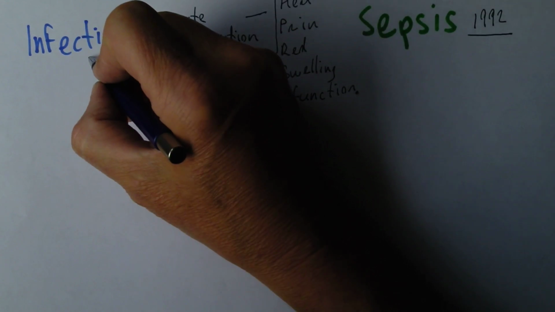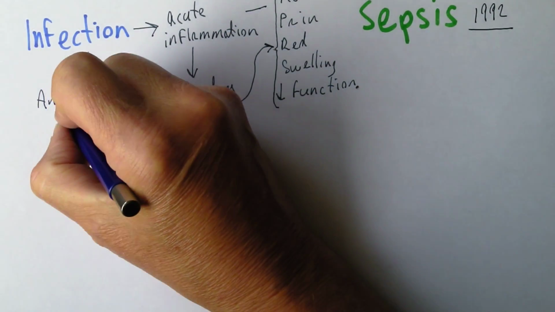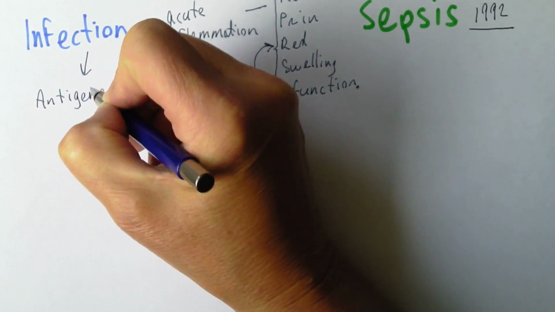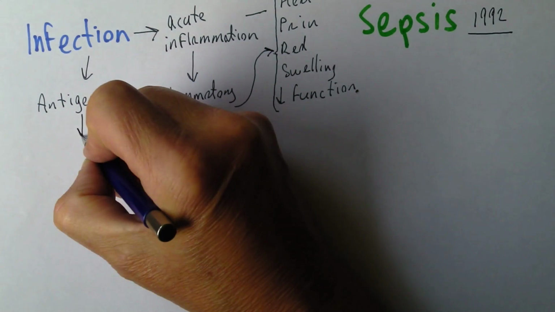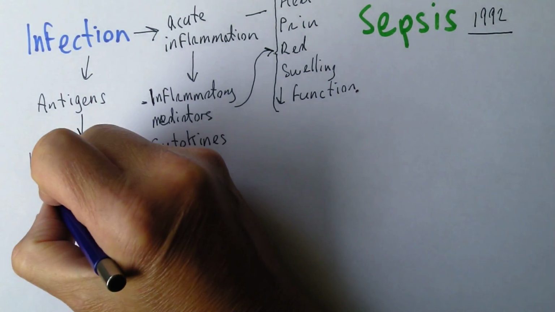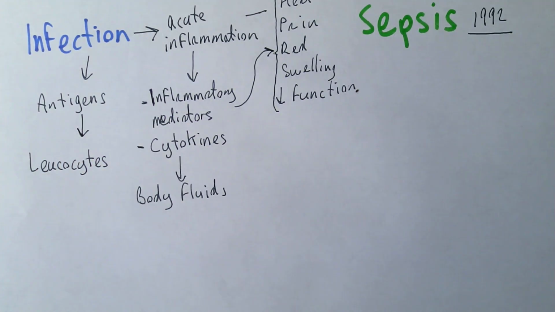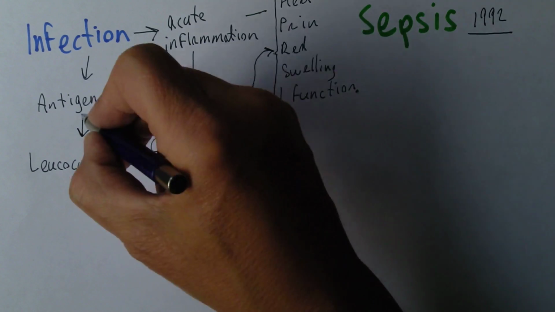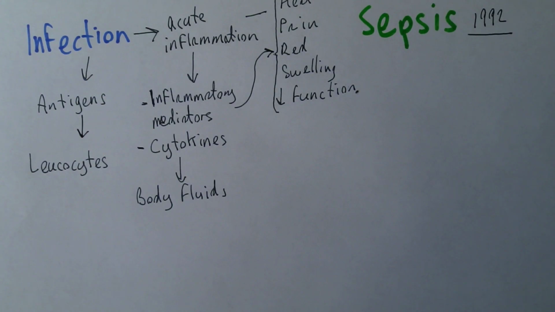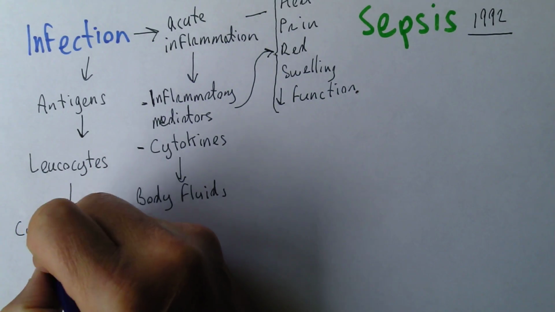Now, also if there's infection, so normally bacterial or viral infection, these are antigens, things the body recognises as being foreign, and these are detected by the white blood cells, the leukocytes. Leukocytes generally, particularly the macrophages and monocytes, will recognise the antigens as being foreign. And when they do so, the leukocytes will also produce cytokines.